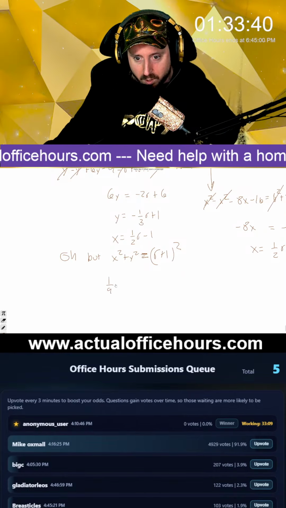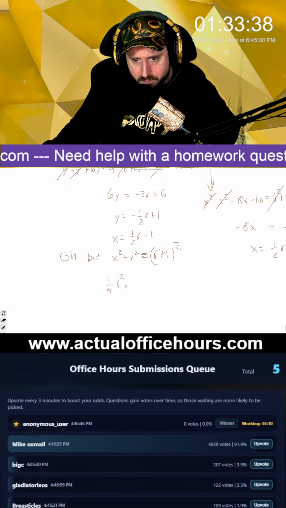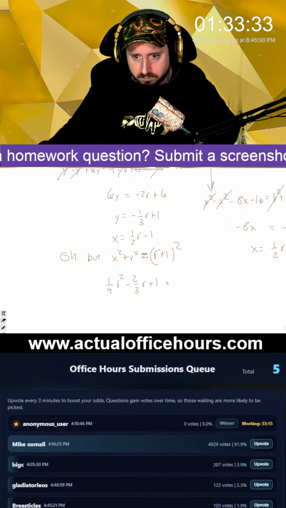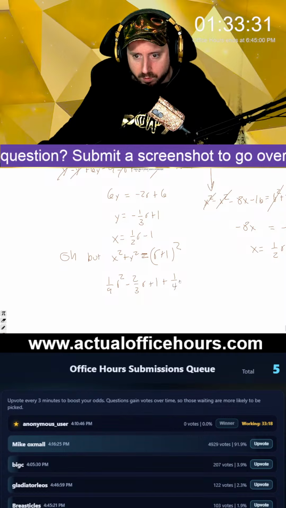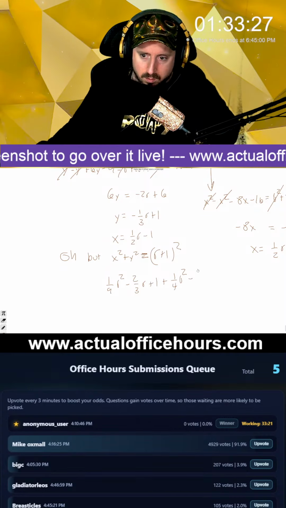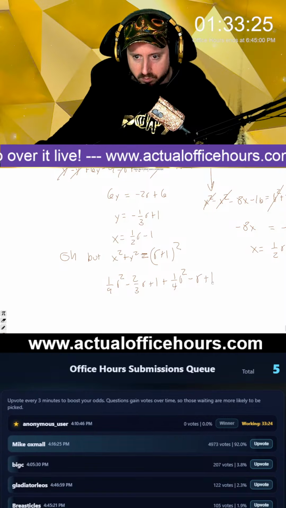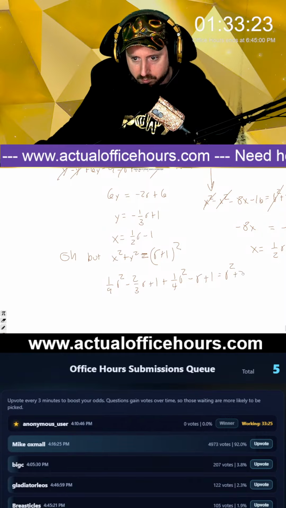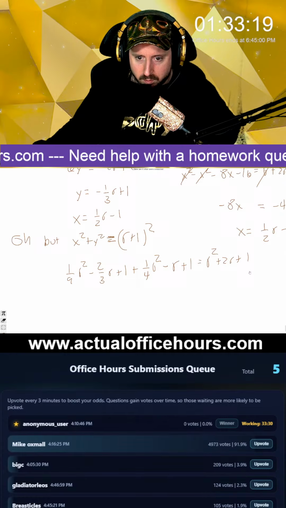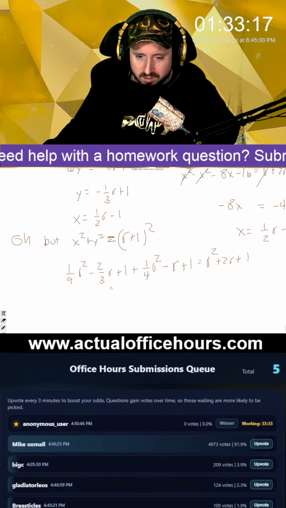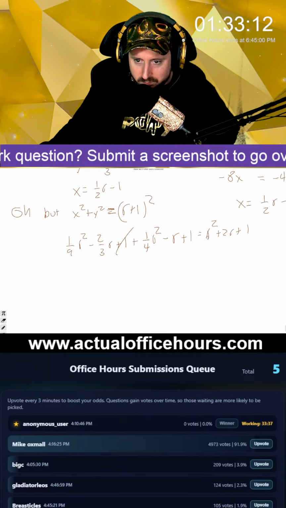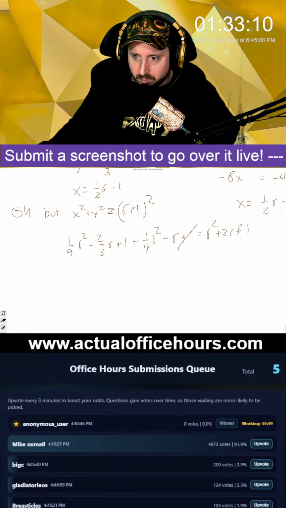So that's 1/9 r squared minus 2/3 r plus 1 plus 1/4 r squared minus r plus 1 is equal to r squared plus 2r plus 1. Okay. This is messy. Well, at least the plus 1. Well, no. Oh, whatever. This one cancels with this one at least.